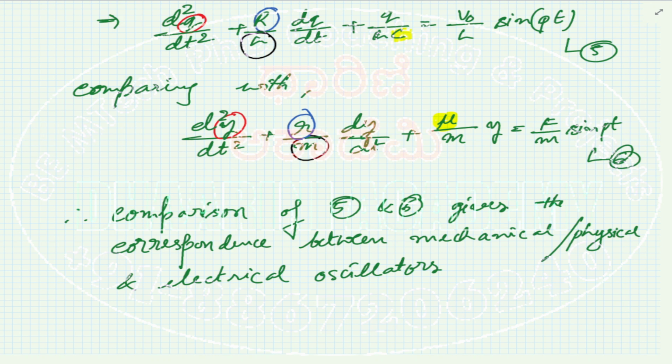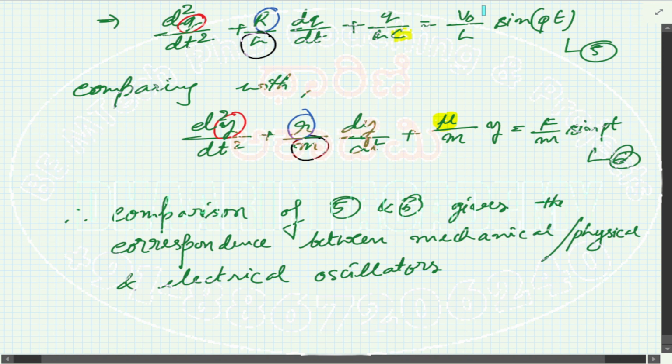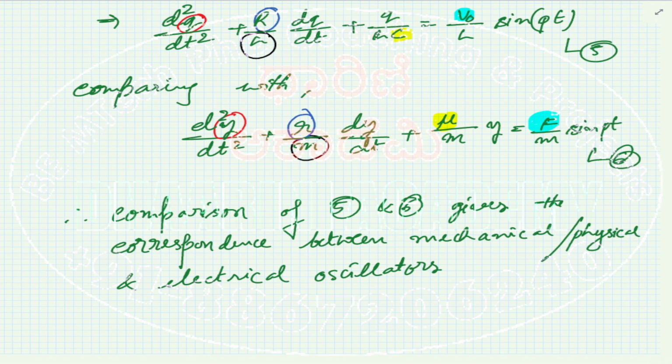Then the V naught in equation 5 is very similar to the F in this equation. Other than that, both the equations remain very much similar. Now whatever we marked just now, we'll try to write in the form of a table.